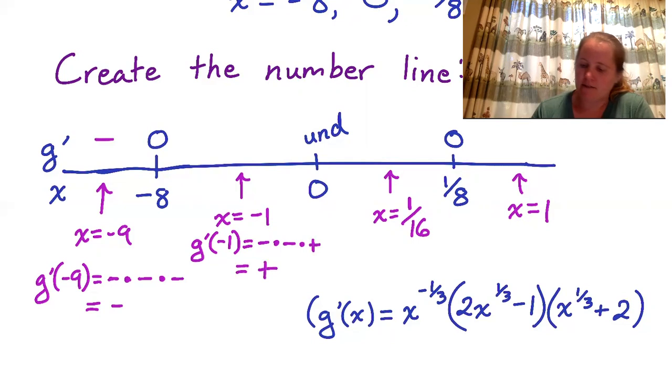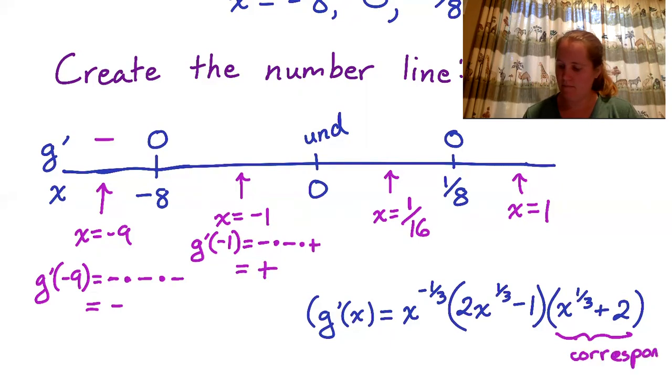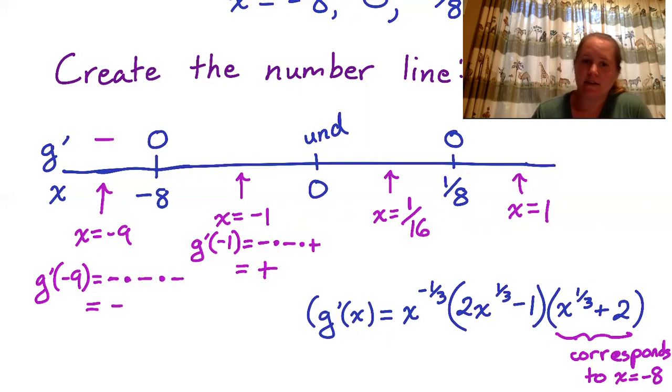So this is positive. Again, when we pass through -8, this root corresponds to that x equals -8. So that's the one that's going to swap signs at -8. So we do have positive for our derivative here.